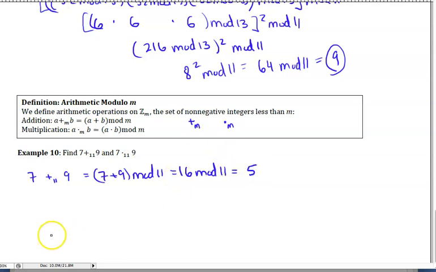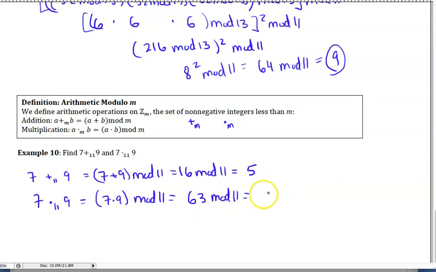That's a remainder of 5. And for multiplication mod 11, I do 7 times 9 modulo 11, 63 mod 11. 11 goes into 63 5 times with a remainder of 8.